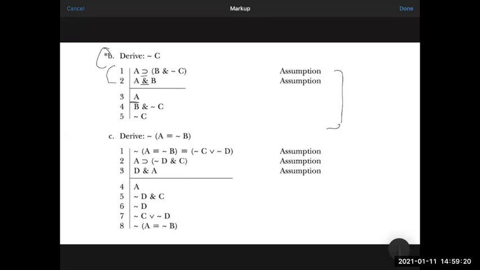Conjunction elimination, one of the beautiful things about this rule is that it allows you to essentially break apart conjunctions. So A is clearly in 2, and now it's alone in 3. So one possible way to have gotten that is through 2 ampersand elimination, or conjunction elimination.